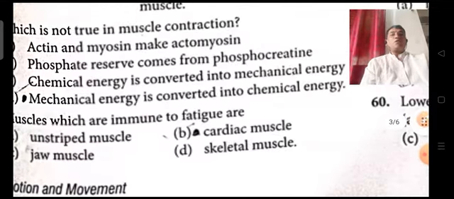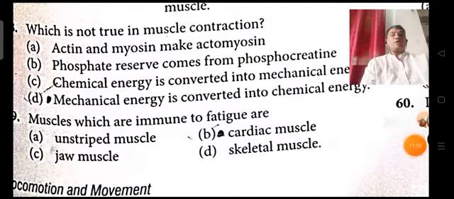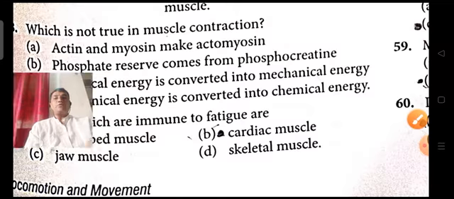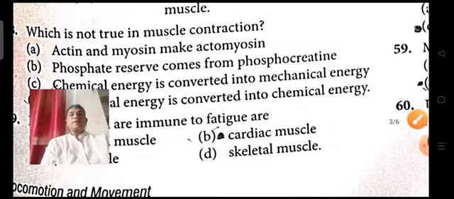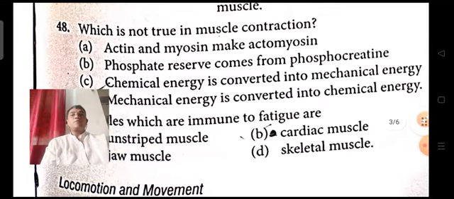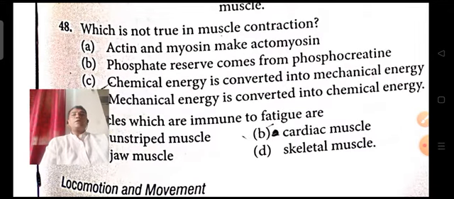Next, what is not true about muscle contraction? You need to consider what is not true. Here, actin and myosin form actomyosin. Phosphate reserve comes from phosphocreatine.